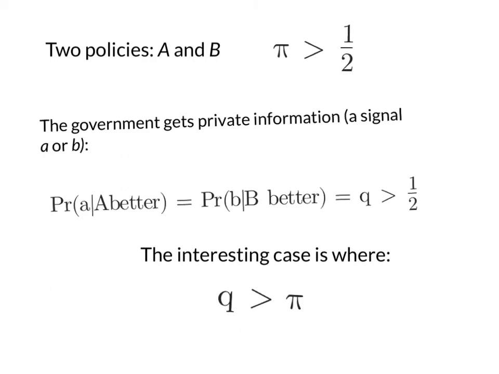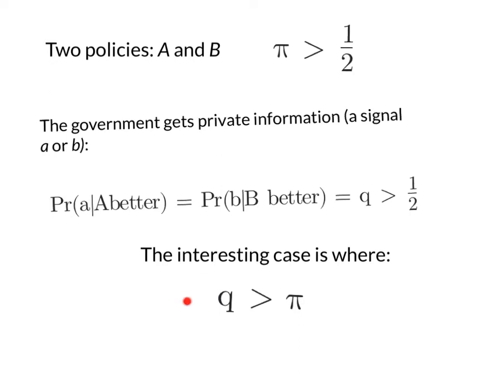Now, the interesting case is going to be where Q is greater than pi. What that means is that this private information that the government gets is accurate enough or robust enough to outweigh that prior belief of the population. So the reason why Q has to be bigger than pi is that if the government gets signal B, then the government still has that general community information, yep, probably a hard lockdown's better, but if it gets signal B, it's got to say, now I've got extra information, does that make me change my mind?